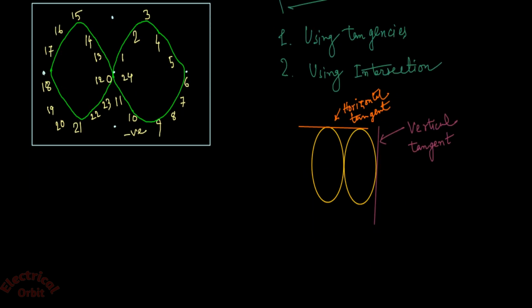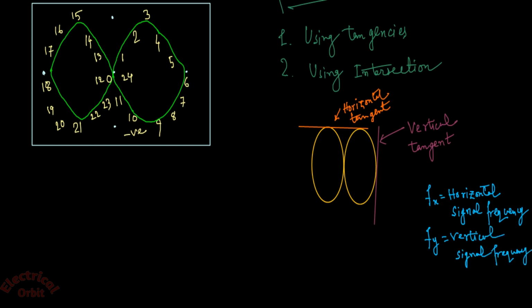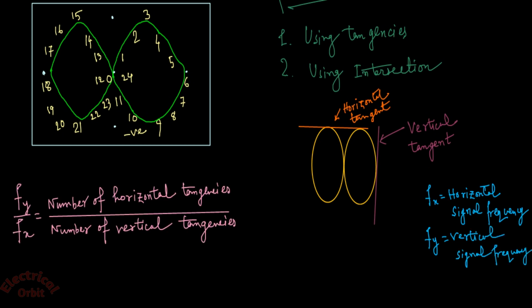If we take fx as the horizontal signal frequency and fy as the vertical signal frequency, then fy by fx is equal to the number of horizontal tangencies over the number of vertical tangencies. We have drawn only one horizontal tangent here, but there is another horizontal tangent at the bottom of this picture.